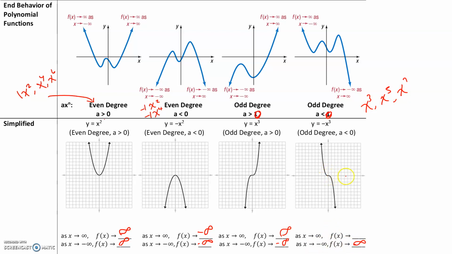And as x approaches positive infinity, the graph gets smaller and smaller and is going to approach negative infinity. Okay? So just memorize these 4 graphs, and that's going to apply for any even or any odd degree.